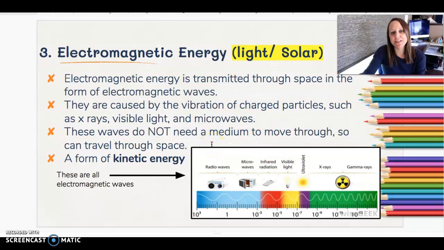But the difference between this and sound waves is that sound waves need a medium in order to pass through, while electromagnetic waves don't. They can travel through the vastness of space, which is good because we get all of our light and solar energy from the sun, and the sun is in space. So that's the main difference between sound energy and electromagnetic energy.